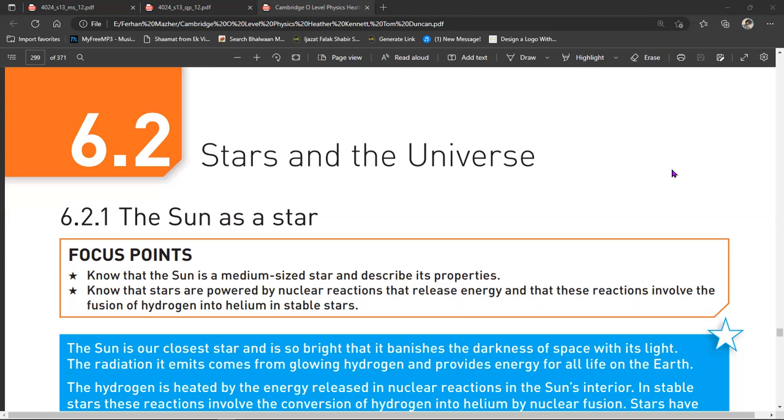So stars and the universe, that's the main chapter. The topic of this video is the sun as a star. The focus points are: know that the sun is a medium-sized star and describe its properties; know that stars are powered by nuclear reactions that release energy, and these reactions involve the fusion of hydrogen into helium in stable stars.